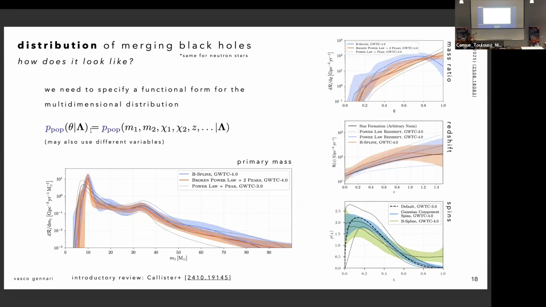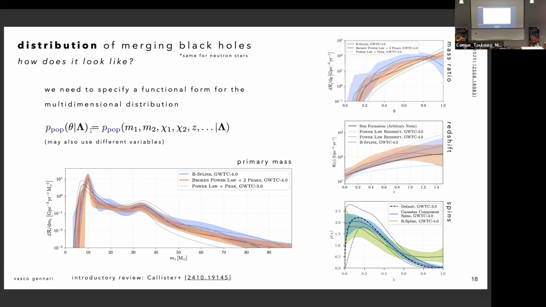And therefore, we can express the population as something like that. This is a multidimensional probability distribution. And if we run the analysis using our parameter estimation of the single events, given our catalog, then we can reconstruct the population of these parameters.